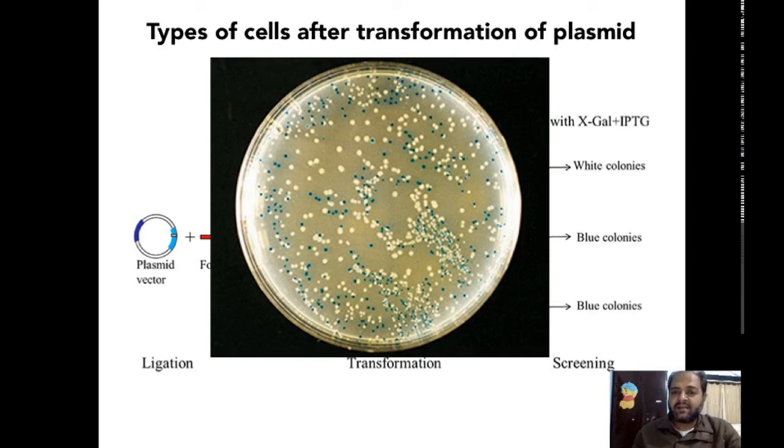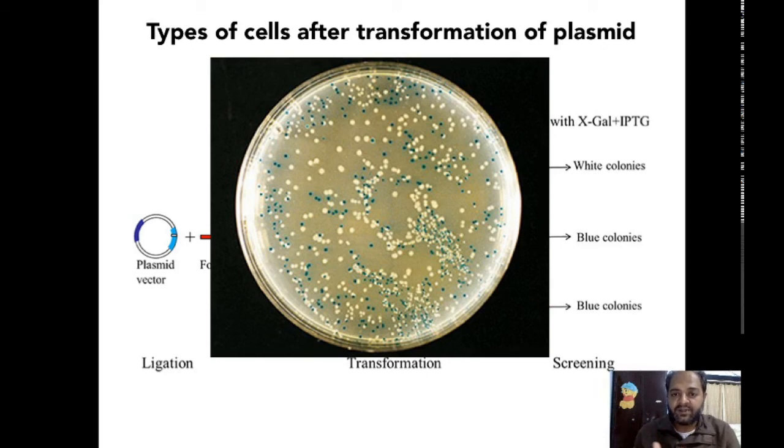A sufficient concentration, generally around 1 microgram per microliter, is what we use. Then the plasmid is maintained inside the cells, because cells cannot afford to lose that plasmid. If they lose it, they will die in the presence of ampicillin.